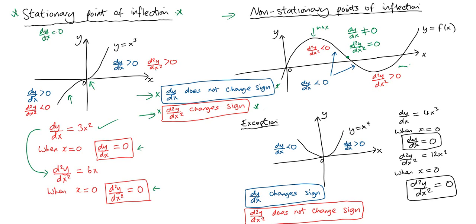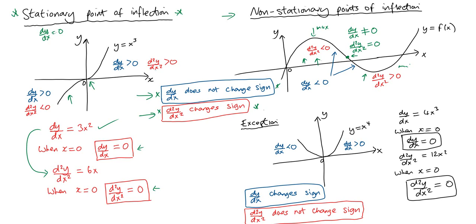Before this point, the curve is concave downwards, so d2y by dx squared is less than 0. But in this section of the curve, which is like a minimum, d2y by dx squared is greater than 0. So in between it's equal to 0, and that's what makes it a point of inflection.